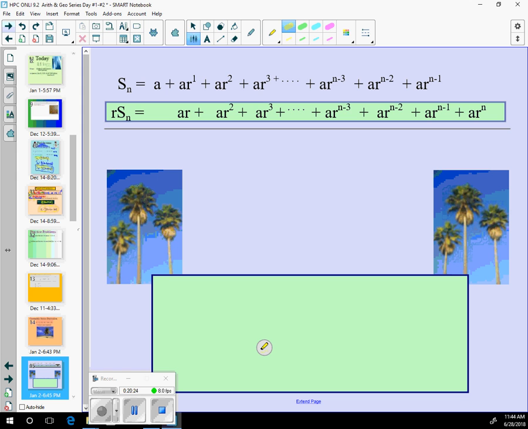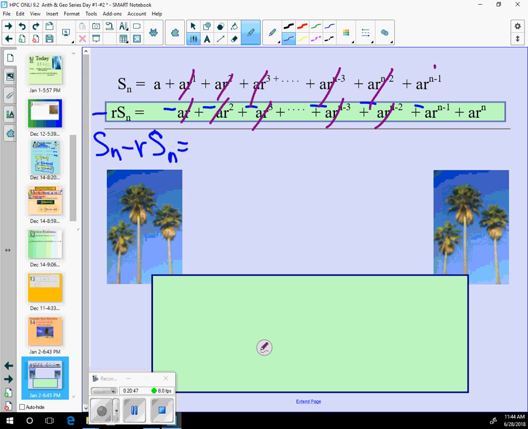Now what I'm going to do, as you can probably see, is subtract this in a column and get S sub n minus r S sub n. And then on this side, all of these are going to cancel, except for 2.